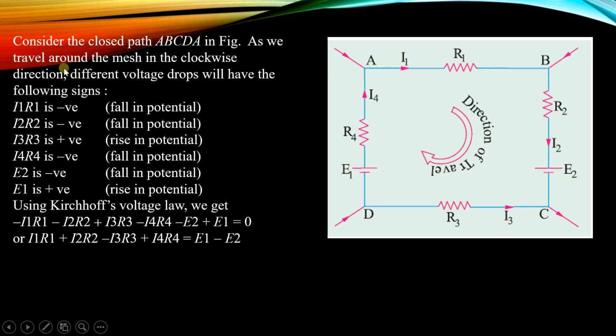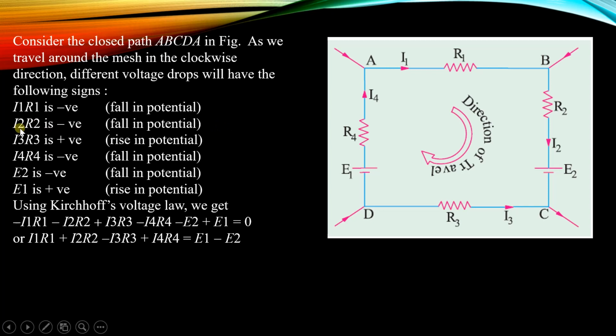As we travel around the mesh in a clockwise direction, different voltage drops will have the following signs. For example, if we look at the branch AB, the current I1 is flowing, and the voltage drop I1 R1 is negative. This is a fall in potential, meaning the current is flowing in the same direction.